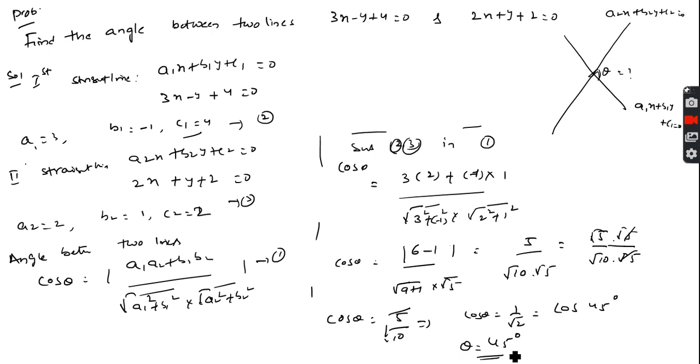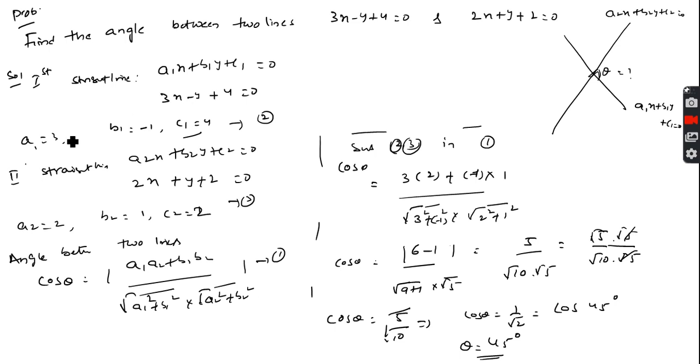So how are we finding this solution? We need to find the angle between two lines, that is, two lines that intersect. If two lines intersect, there must exist an angle theta. We have different formulas, one is tan theta, another is cos theta, but here the easiest method is cos theta. The cos theta is (a1 a2 plus b1 b2) by root of (a1 square plus b1 square) into root of (a2 square plus b2 square).